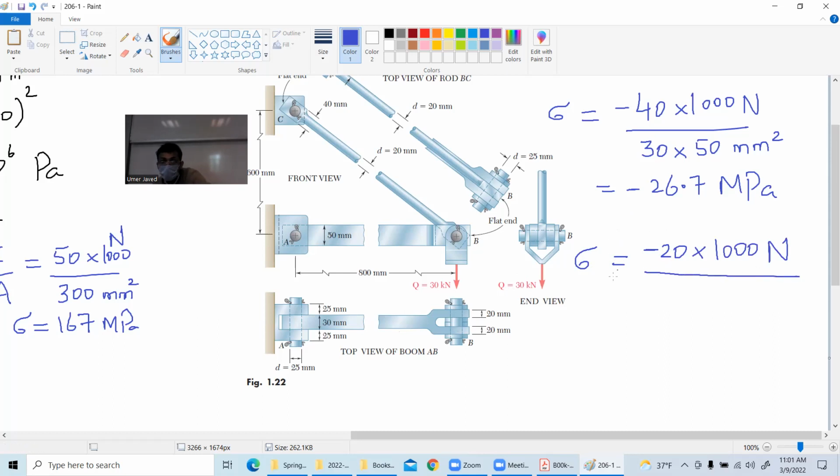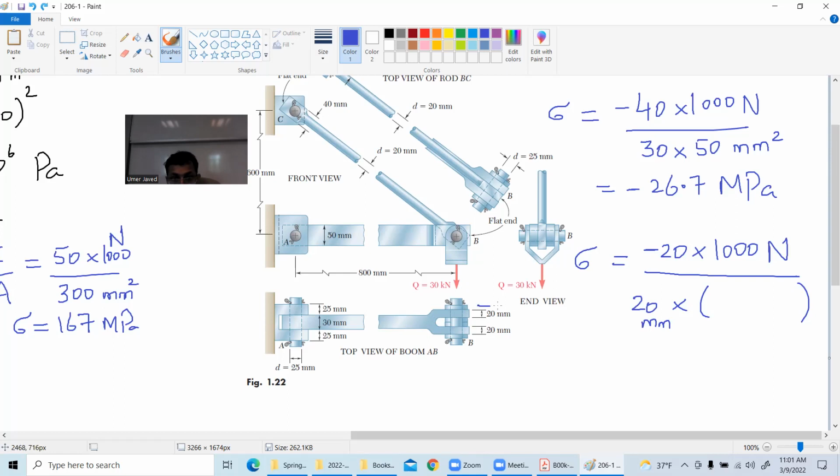divided by, and that will be 20 millimeter multiplied by this one. You have to help me. Use your imagination. So think like this, that the force is like this and it goes like this. Why did we say 20 times 1000?